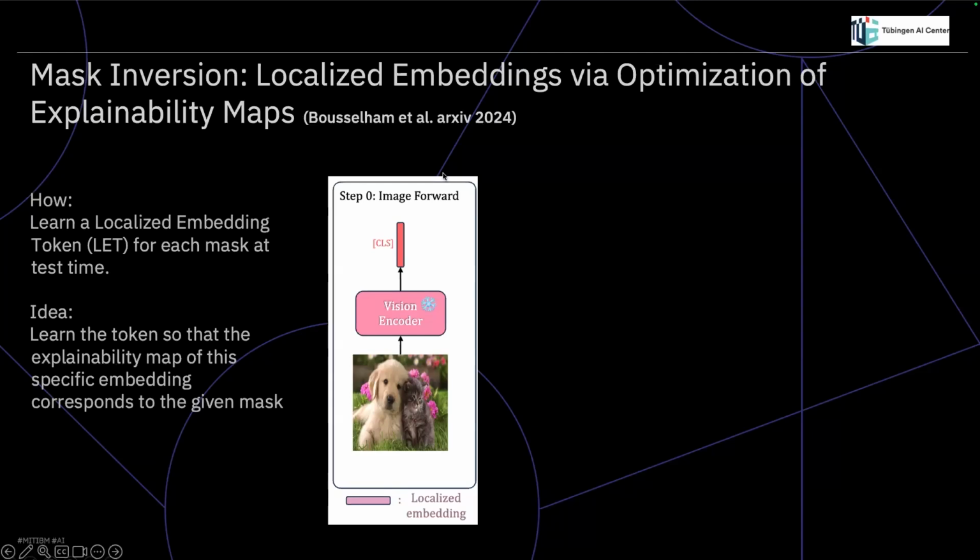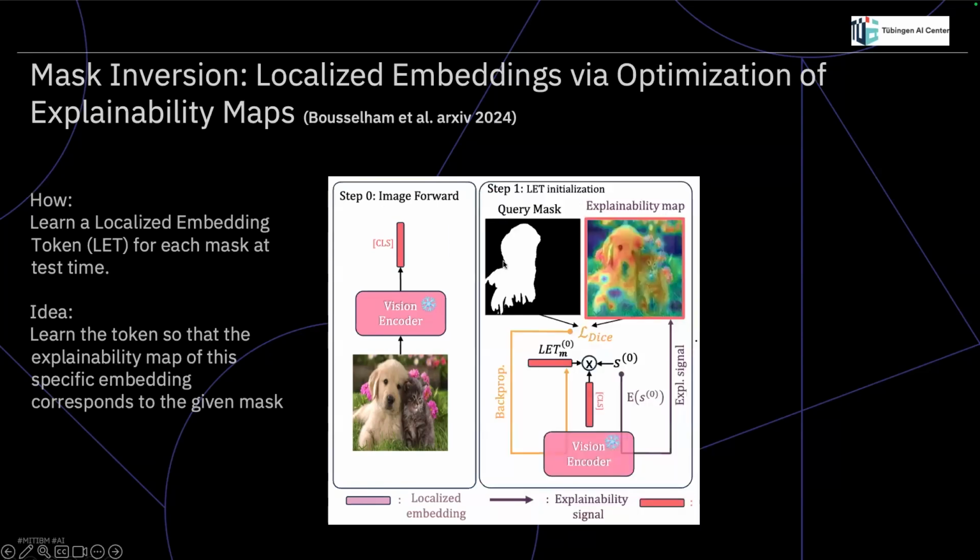You start with your average CLIP encoder, meaning you take the vision backbone of CLIP, you give it an image, and you generate a class token. Now the query mask comes in, and what we do is we freeze everything except this learnable embedding token that's initialized with the parameters of the class token.